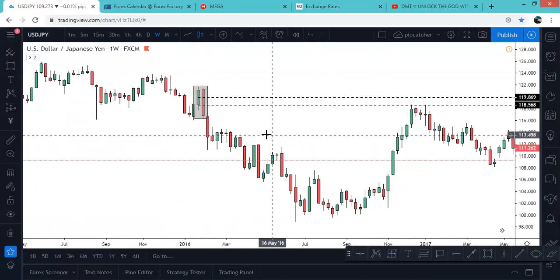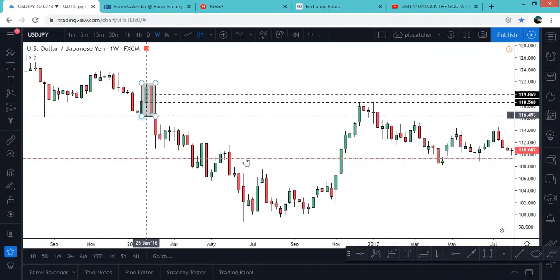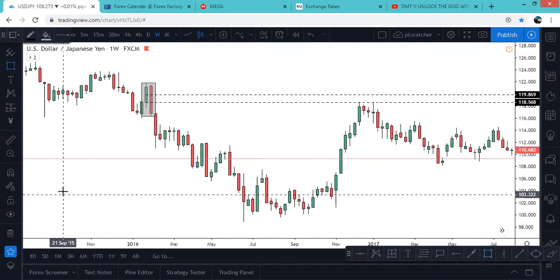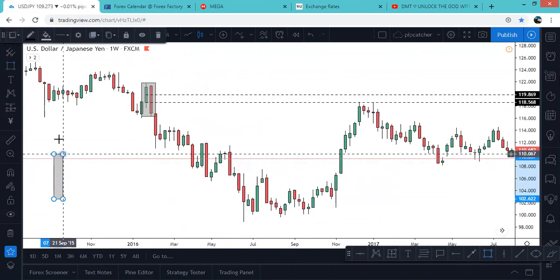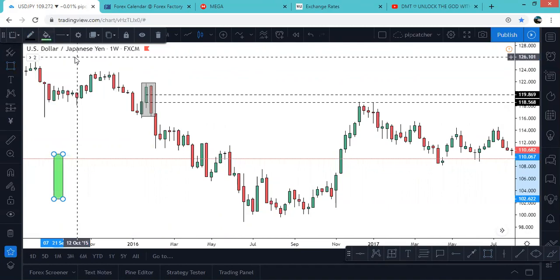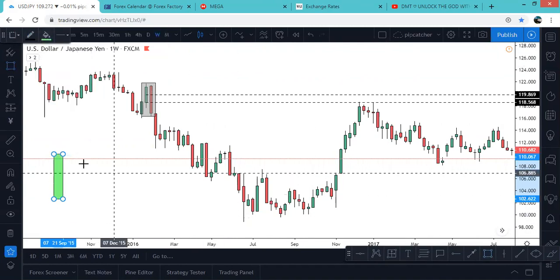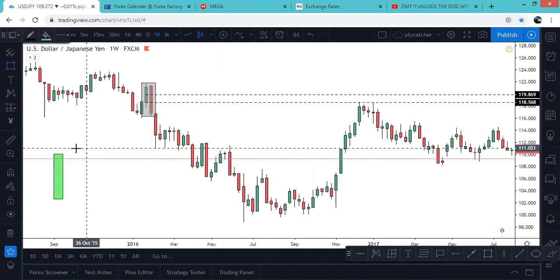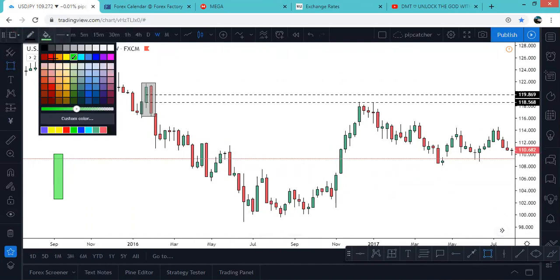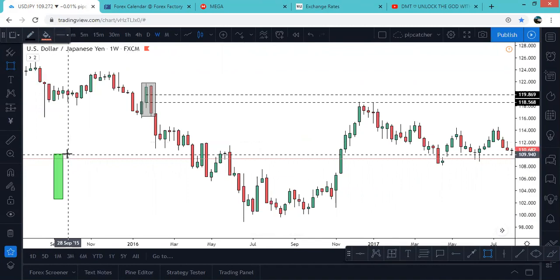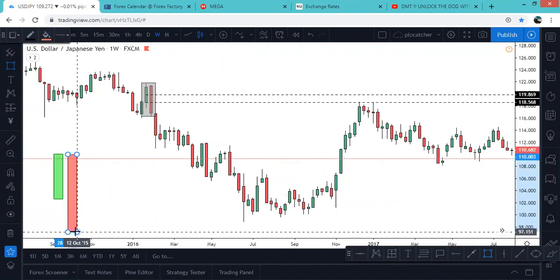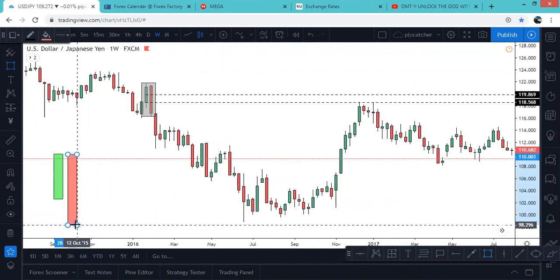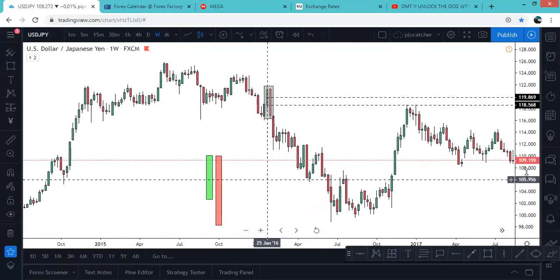But see, we have that last push up, and then we have that engulfing to the downside, right? That bearish engulfing.